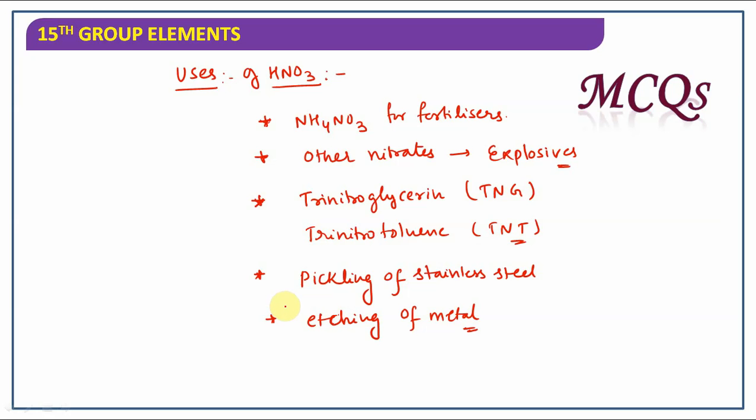It forms a protective layer on the surface of metals or on the surface of the steel. Because of it, it can protect from oxidation reactions. That's the reason concentrated nitric acid can be used for pickling of stainless steel, as well as in the etching of the metal.